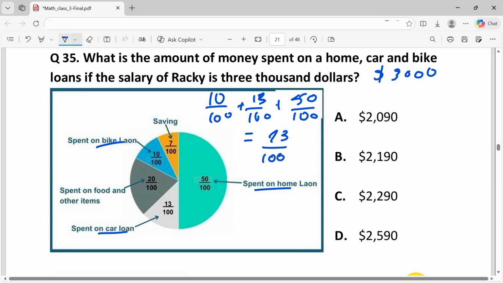And the amount spent will be the fraction into the amount, which is equal to 2190. That is option B.